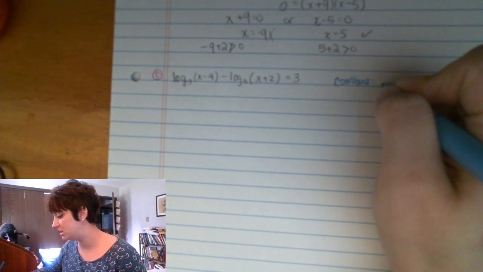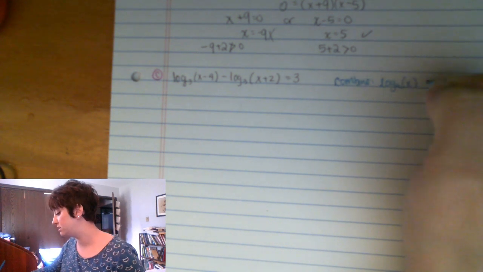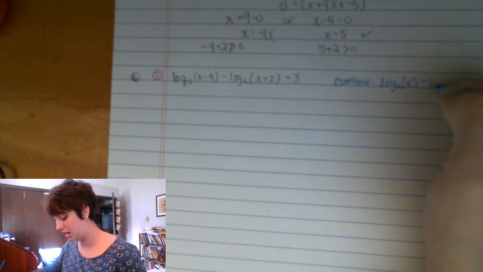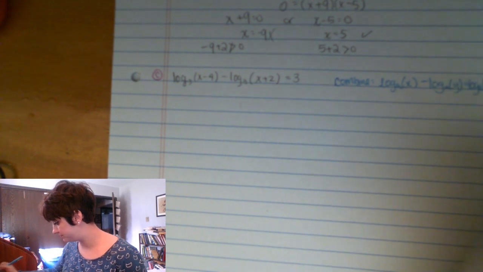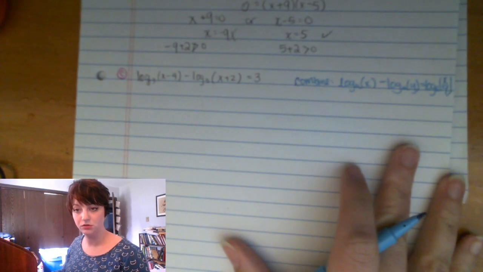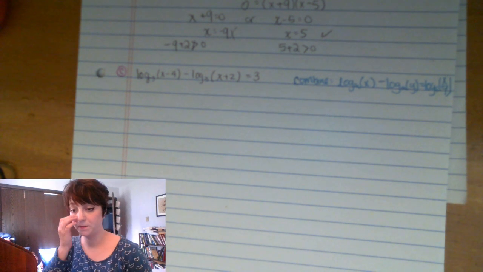Combine using that log A of x minus log A of y is log A x over y. So log A x minus log A y is log A x over y.